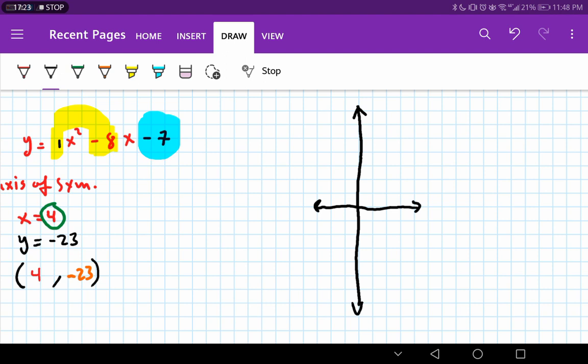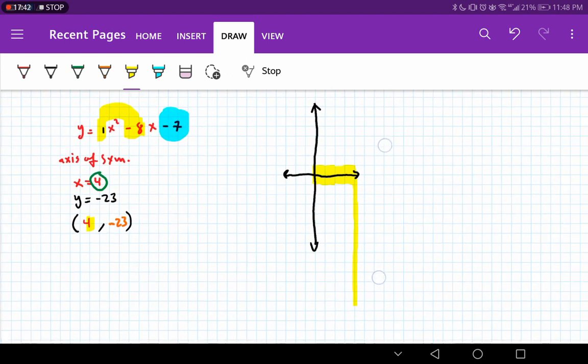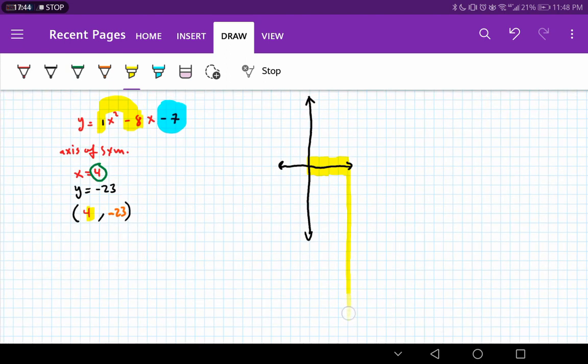So it is 4 to the right, and down negative 23. I don't know where negative 23 is actually, but it is far away, so consider it is here. Okay, this is the vertex.